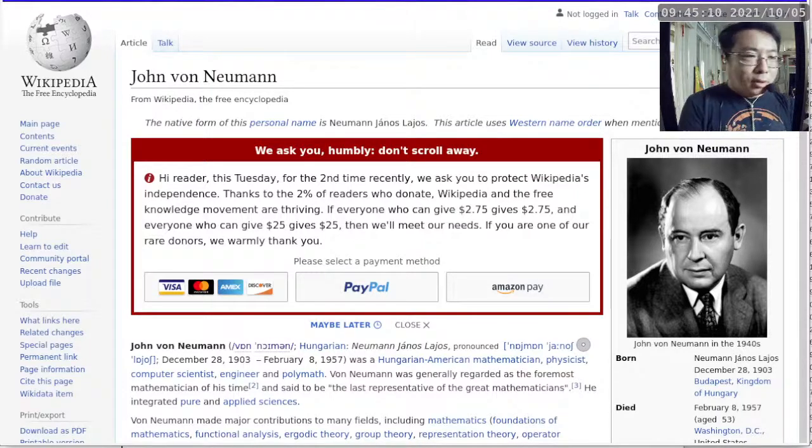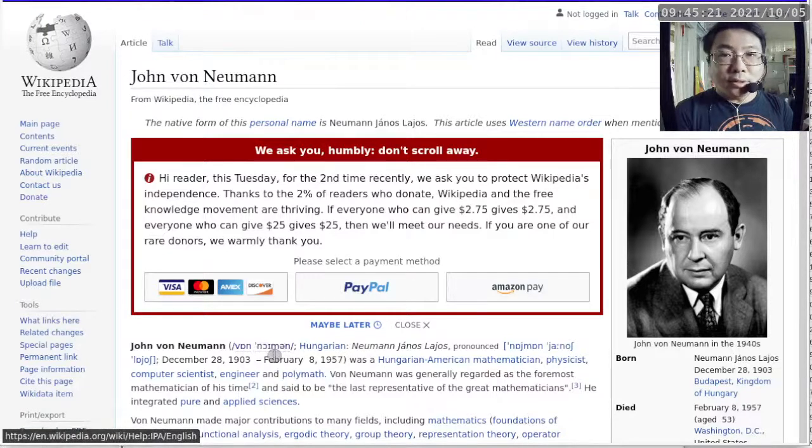So John von Neumann, for the longest time I mispronounced the name, because you can see in the pronunciation here the stress is on Neu. So von Neumann.